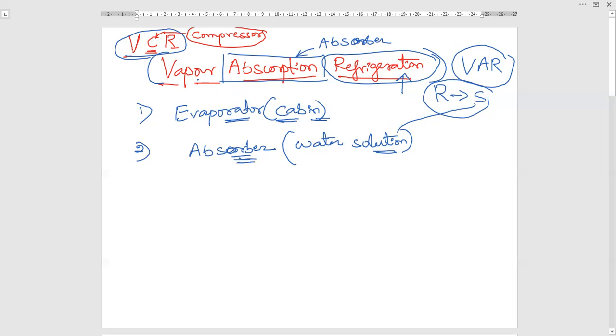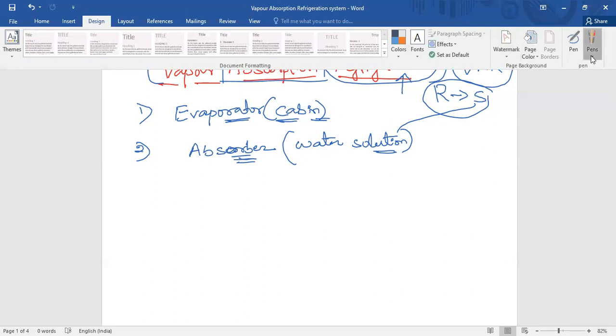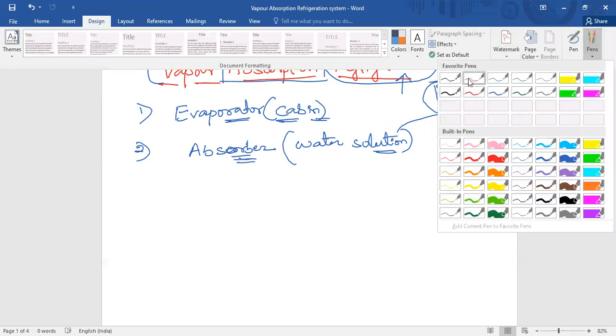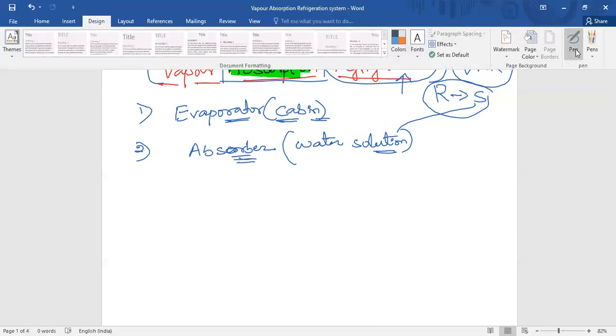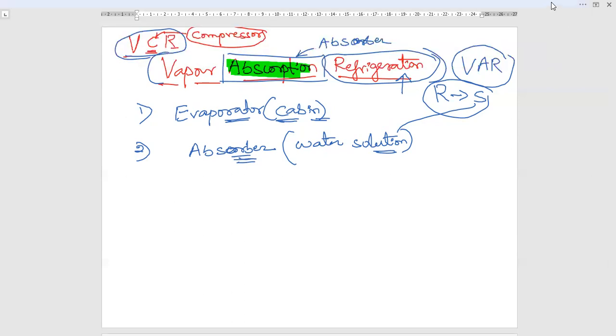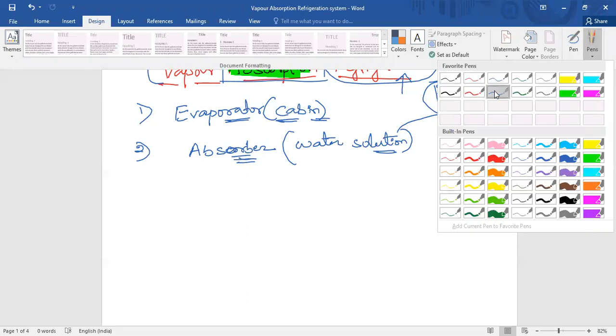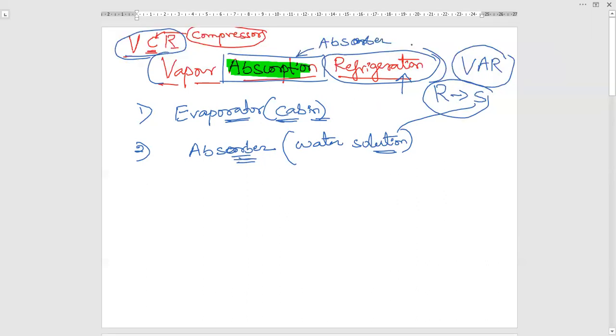For example, in the vapor absorption refrigeration, the refrigerant used is ammonia. Let me take a different color chalk. We'll be using ammonia as a refrigerant, and in the absorber, water as a solution.